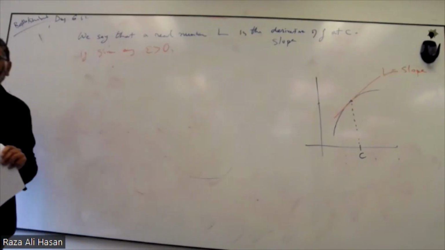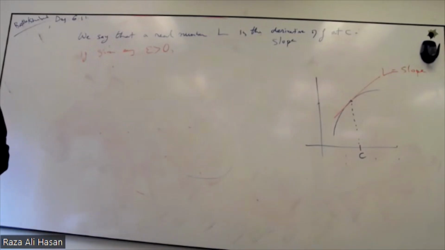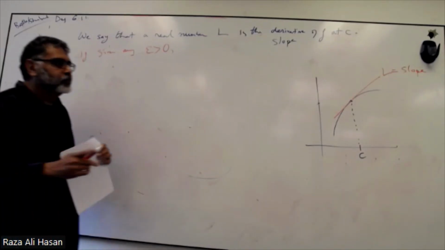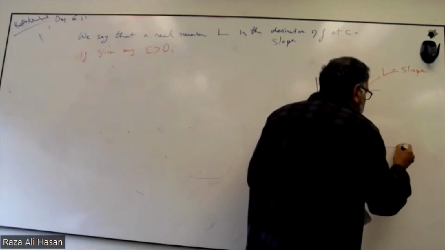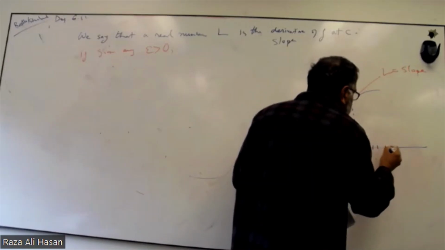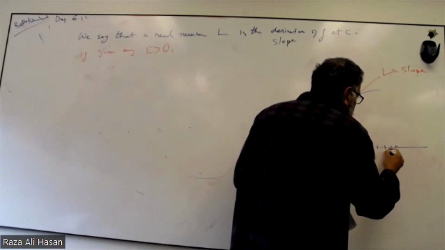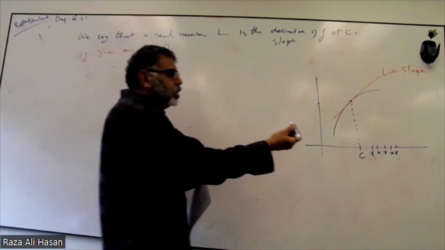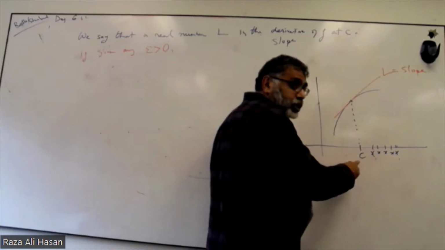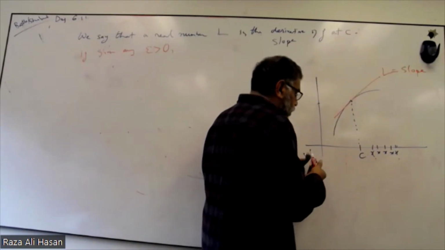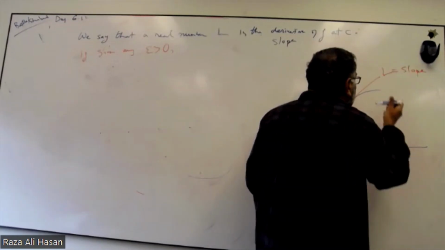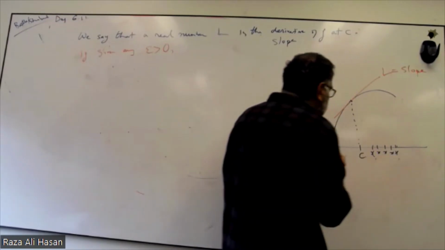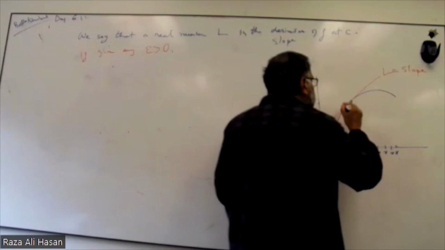Epsilon would apply to, and then let's see, we have x's here. As we get closer and closer to C, we get, and please stop me whenever this is not making sense.